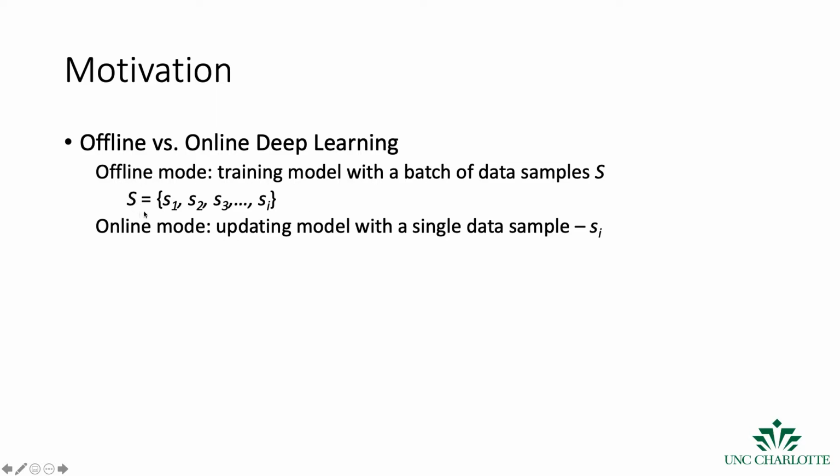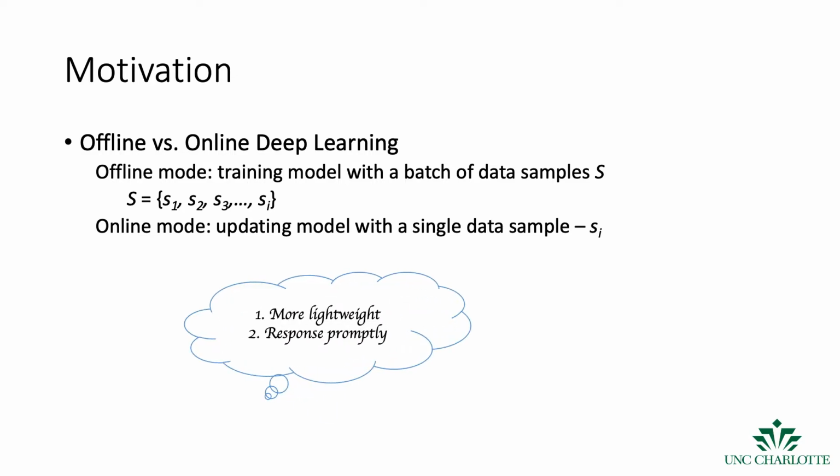So here the capital S is the full data sample, which covers a lot of data. While in online mode, the training model is updated with a single data sample. It's evident that it is lightweight and responds more quickly than offline learning. So this feature can benefit a lot in getting better training models in the dynamic environment.